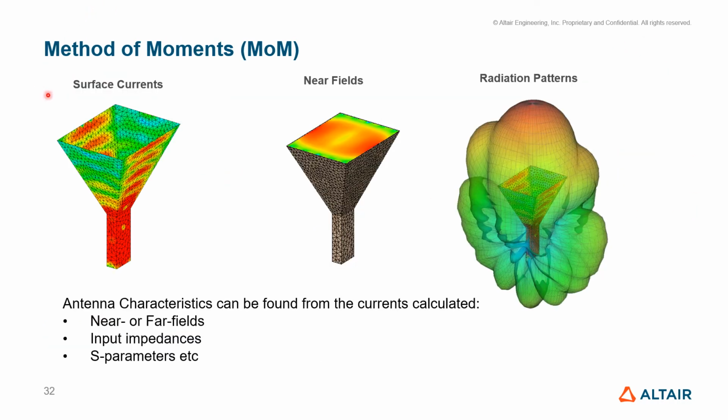This chart illustrates that once you solve for the currents, of course we can plot the currents on the surface, you can compute the near fields from these currents. Also from these currents, you compute the radiation patterns, you can compute the S parameters, anything you like. Once you have the currents, you can compute all the quantities you need for your problem.